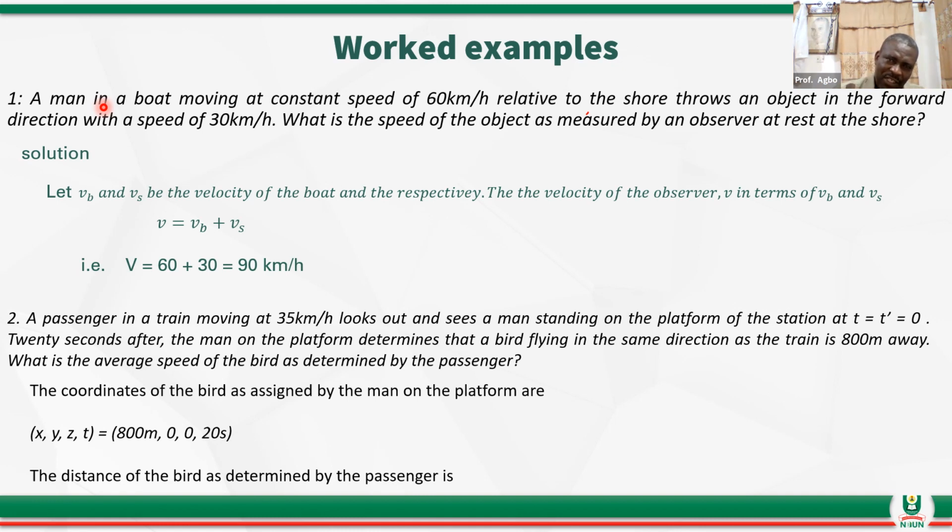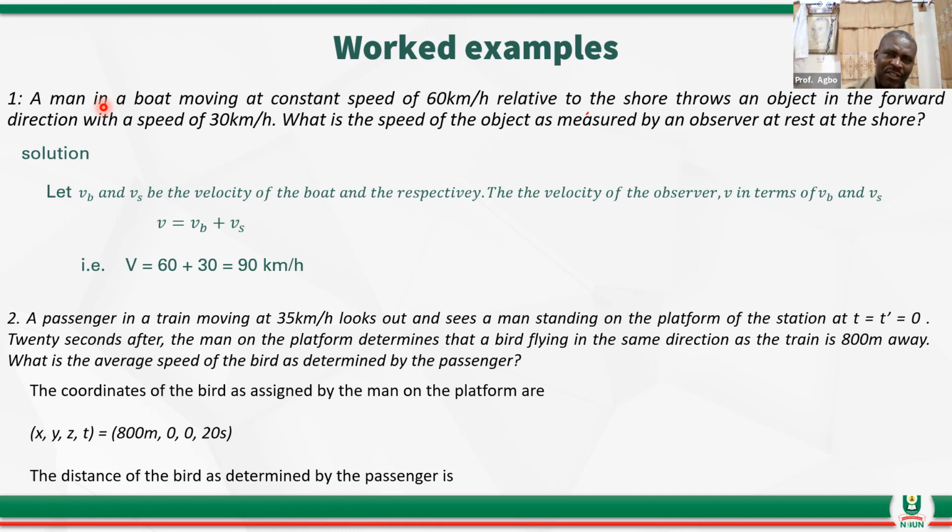In other words, the person on the ground is going to measure the speed at which the boat is moving plus the speed at which the ball thrown is moving. In other words, the velocity is going to be VB plus VS.